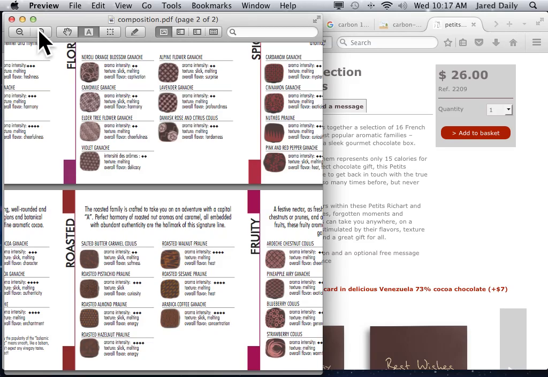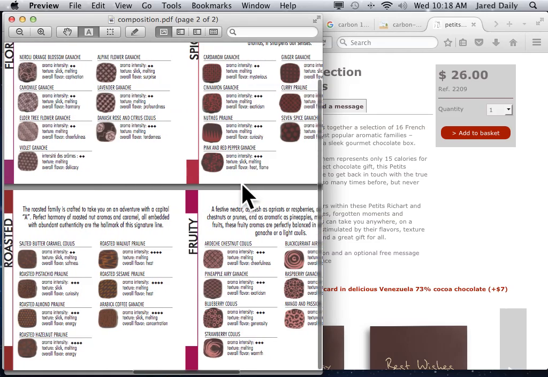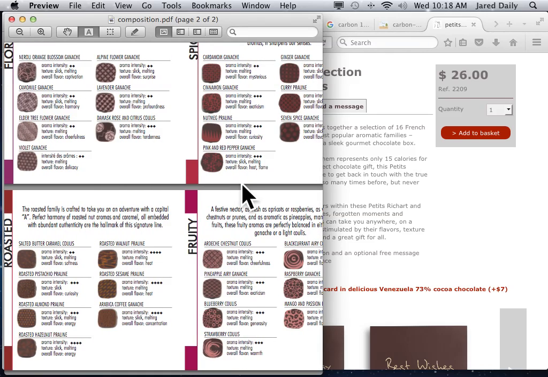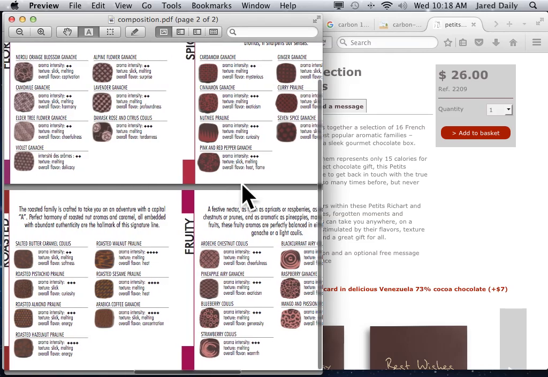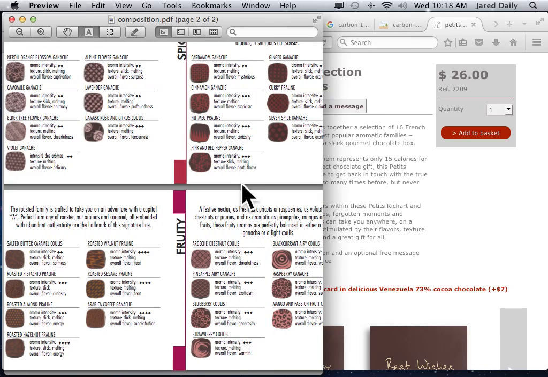But then they have stuff like salted butter caramel coulis, roasted walnut praline, sesame praline, pineapple airy ganache, cardamom. That's a good one. Cardamom is an Indian spice from India. There's a spice that costs more than gold. I just can't remember what it is. I know they do it in India. They raise it elsewhere. Yeah, I have some of it in my house actually.